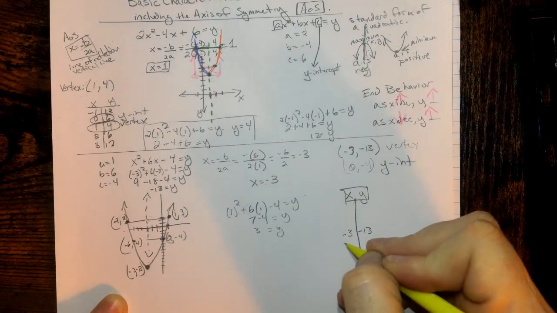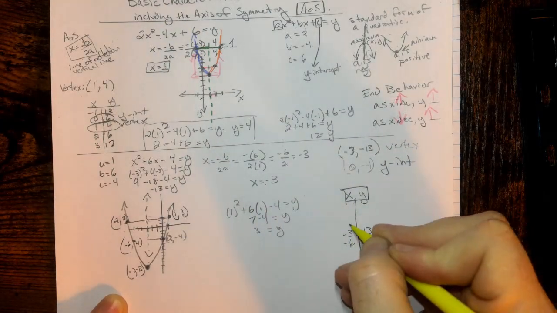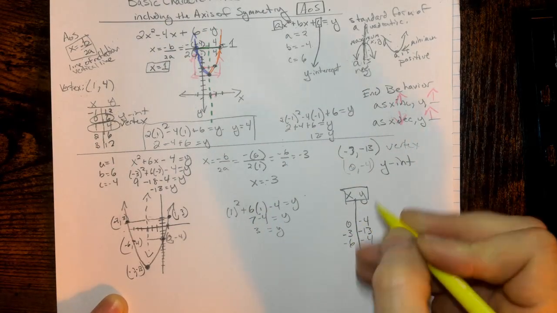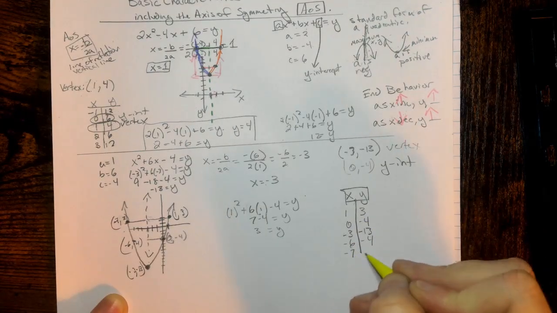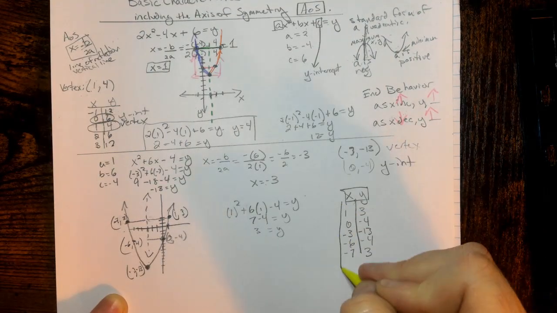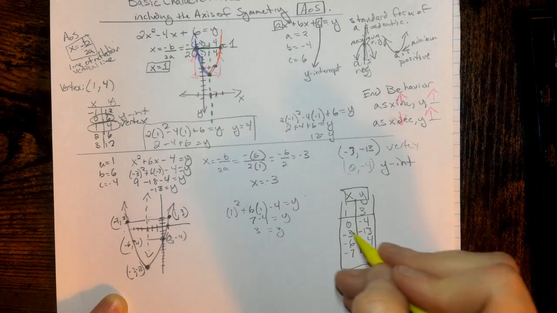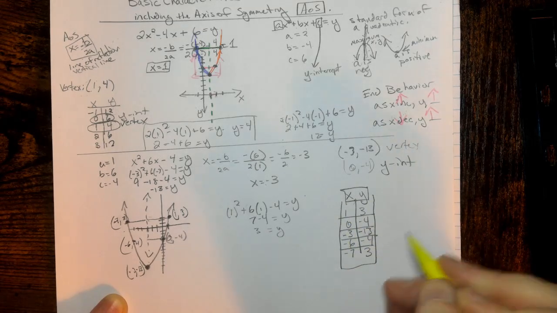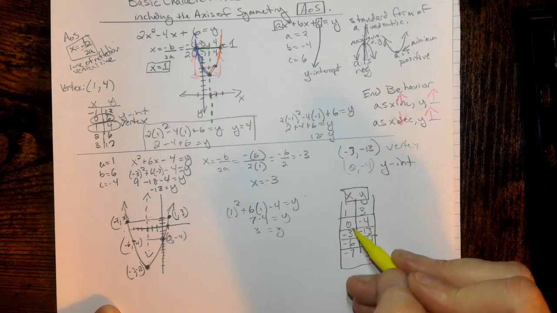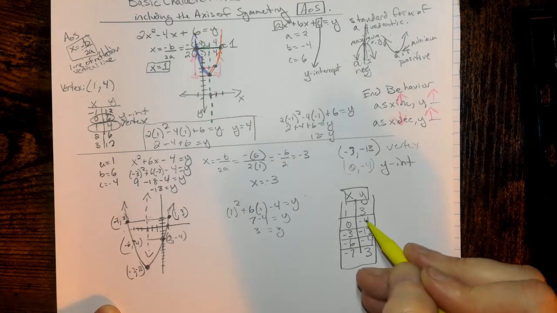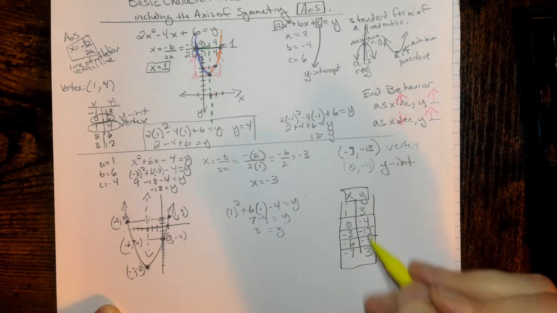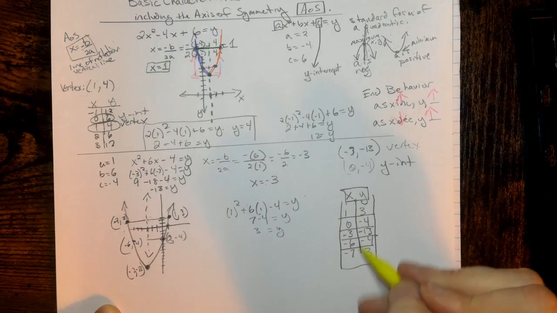So I have -6, -4, but I also have 0, -4. And then I have 1, positive 3, and I have -7, positive 3. And why can we look at this table and kind of see some things that are important? Well, we can see that I went 3 units this way and 3 units this way, and I should go the same number of units in both directions, and these numbers should always kind of reflect that pattern.